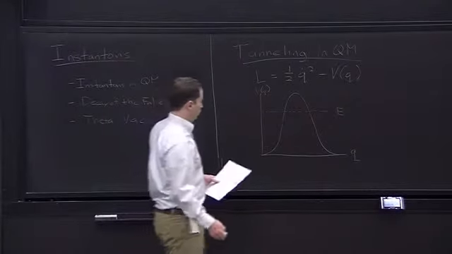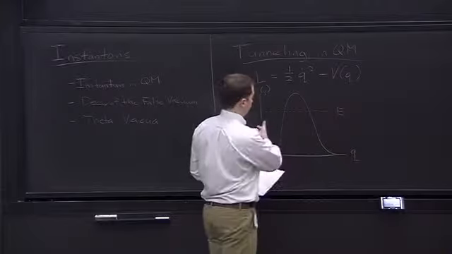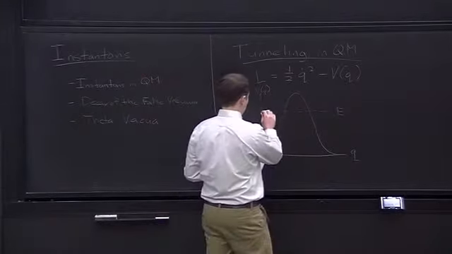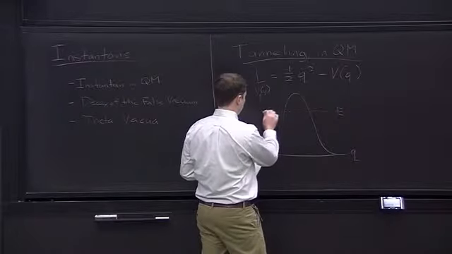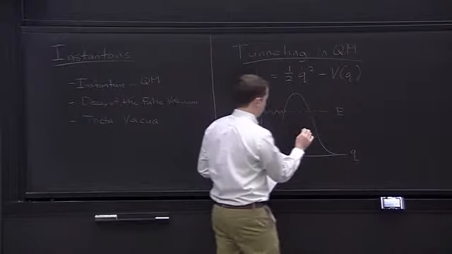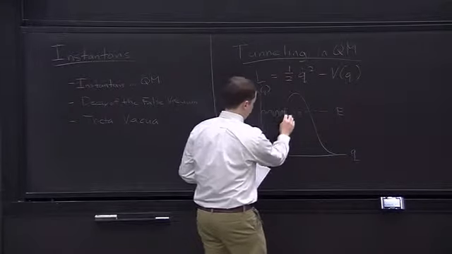The way you're used to probably finding the transmission rate or tunneling rate is by the WKB approximation, where you find the wave function in each of the classically allowed regions.